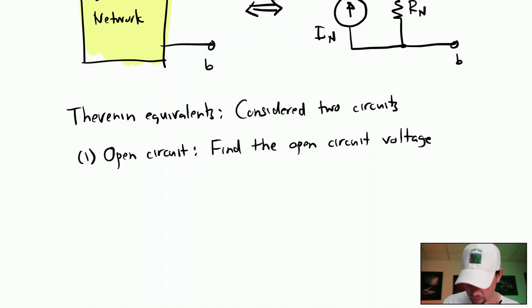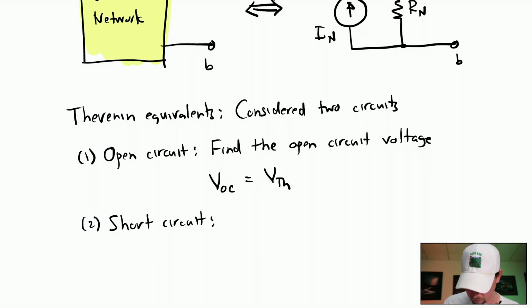And it turned out that the open circuit voltage was actually the Thevenin voltage. Similarly, we had also considered the short circuit, and this was to find the short circuit current.